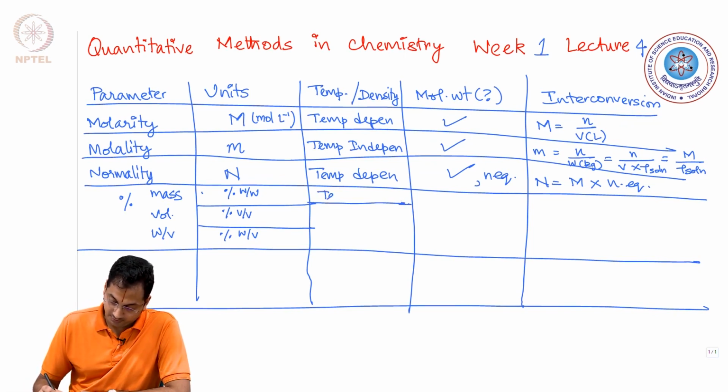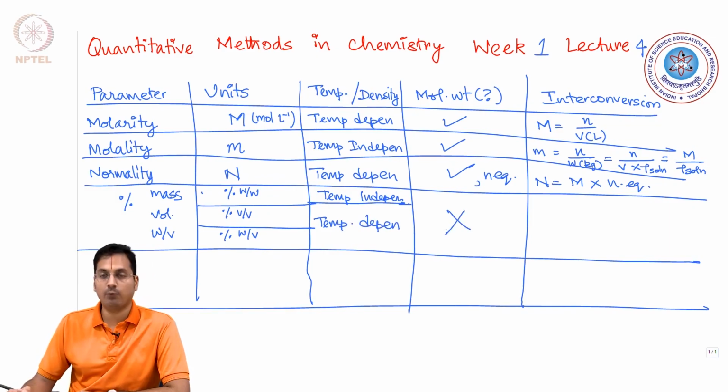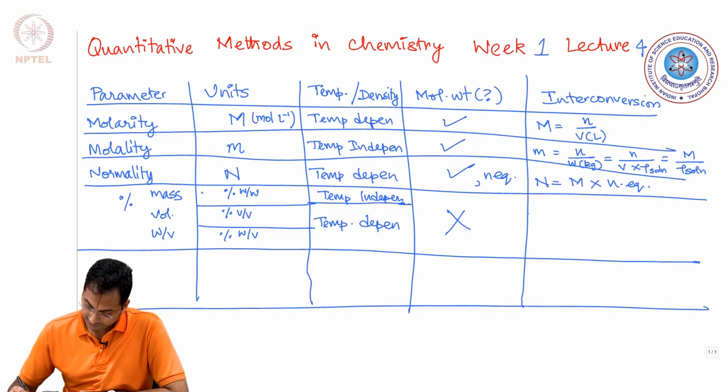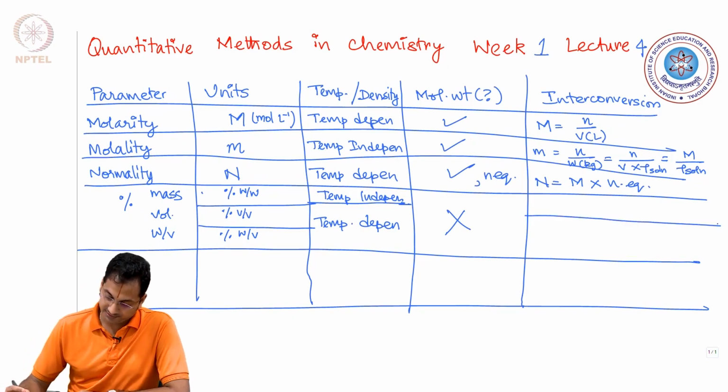Only weight by weight is temperature independent, well these two are temperature dependent. None of this require the molecular weight to be known for the chemical that you are working with. Just for weight by weight, one is able to understand.